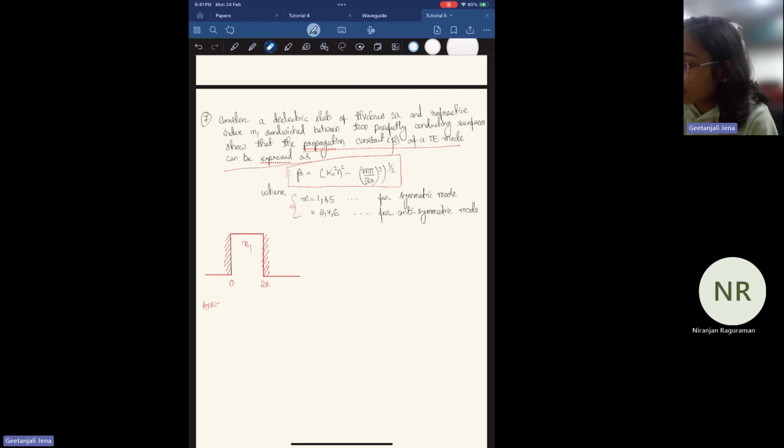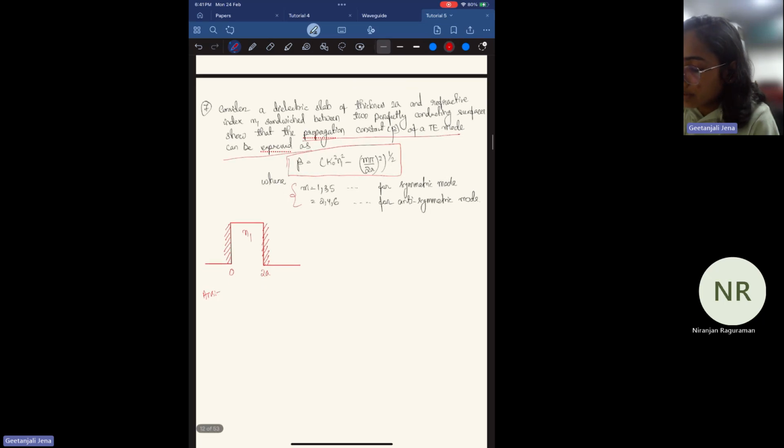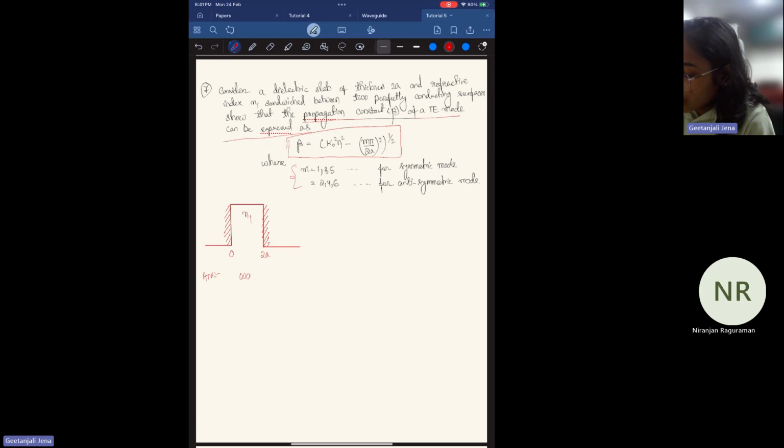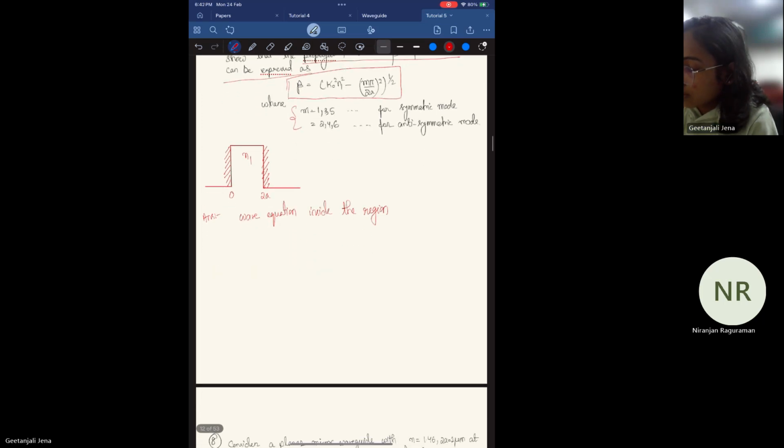So let us see what the wave equation is inside the guiding region, from 0 to 2a. What is the wave equation?